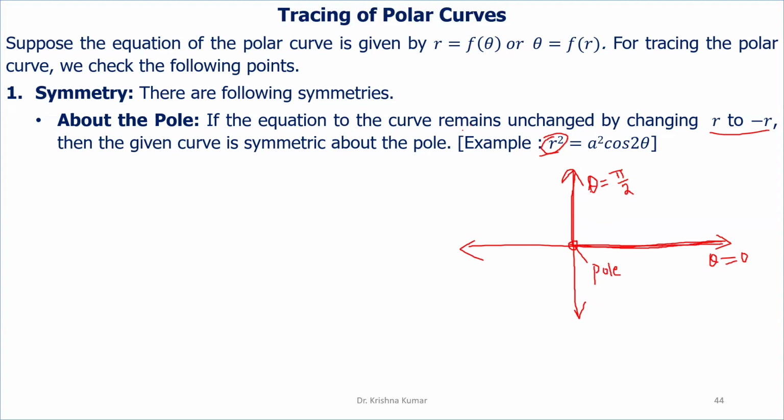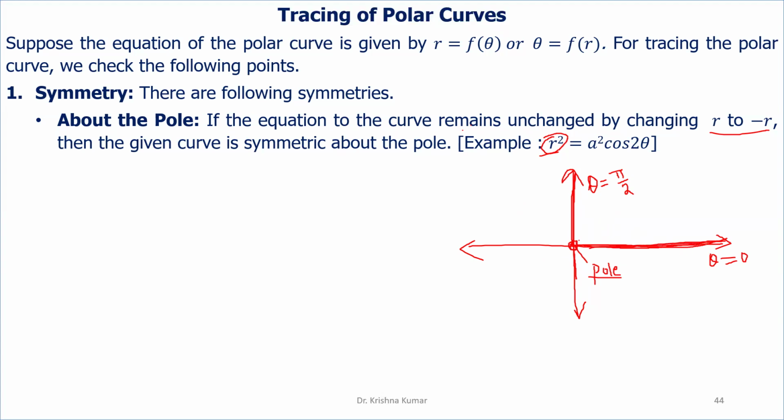What is the second name? Either we say the line theta equal to pi by 2, or we say a line which is perpendicular to the initial line theta equal to 0 at the pole. So there are three things over here. The origin is called the pole in case of a polar curve.